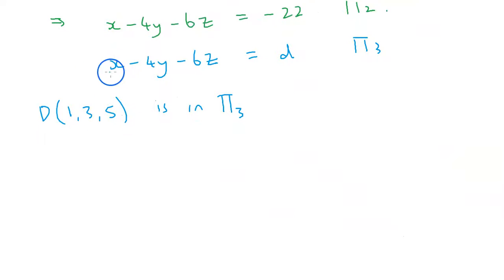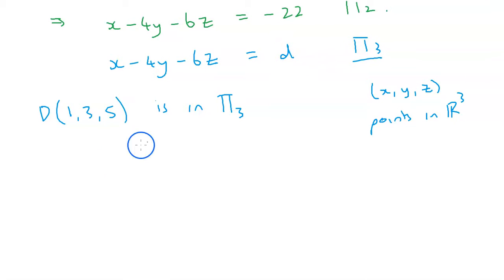And since this Cartesian equation here, x minus 4y minus 6z equals d, is the equation that determines all of the x, y, z points in R3 that compose the plane, any x, y, z point in R3 that makes this equation true is in the plane pi3, and any x, y, z that does not make the equation true is not in the plane pi3.